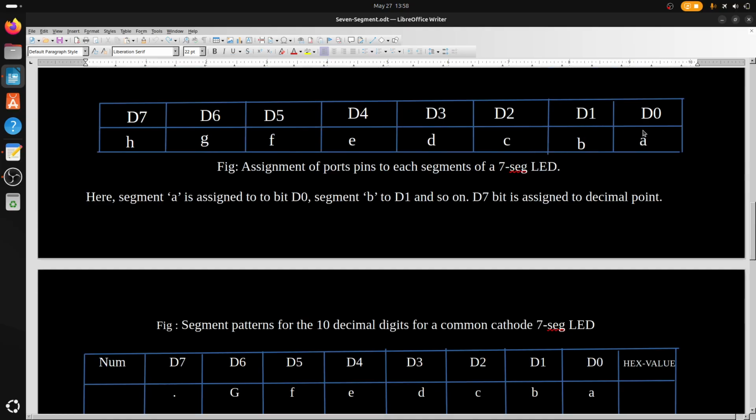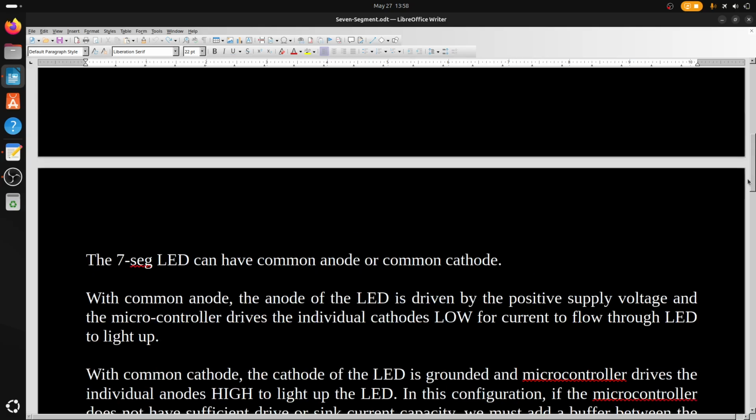And this one is the bits of the byte, and this one is the leads in the 7-segment, represented by A, B, C, D up to H in the diagram, right?